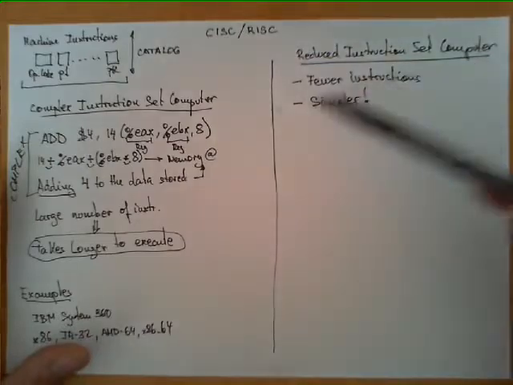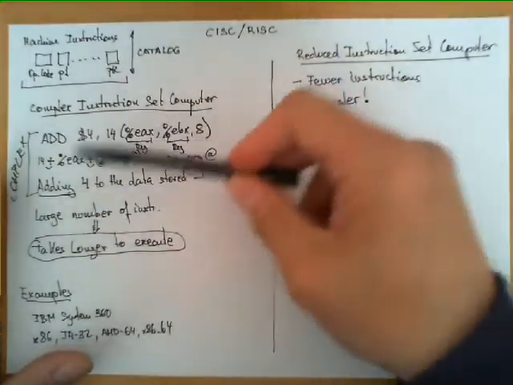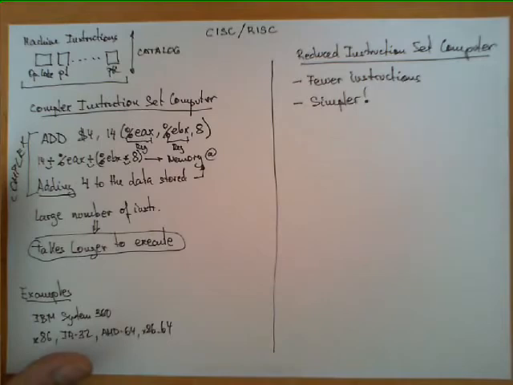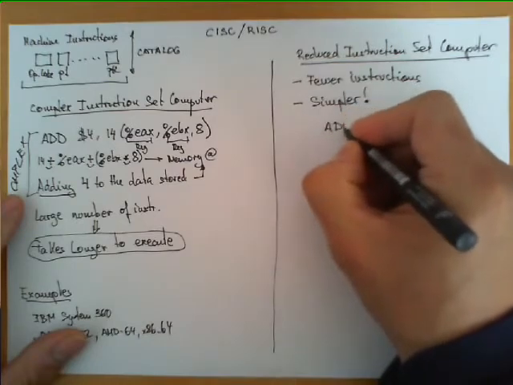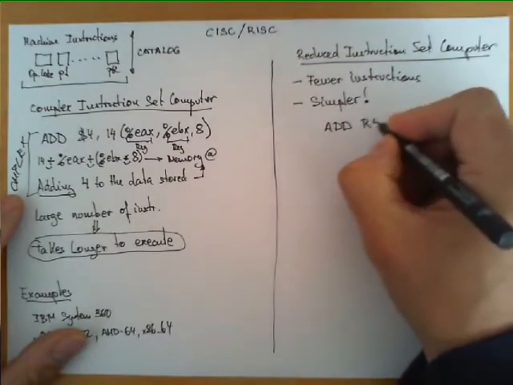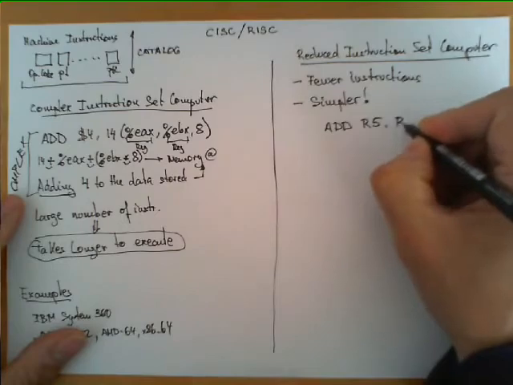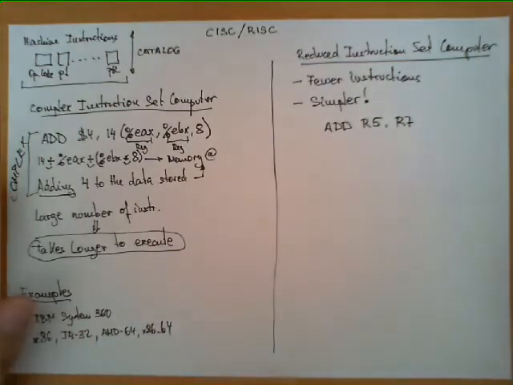So rather than going for a large catalog of complex instructions, the reduced instruction set computers propose using a much reduced set of instructions, and therefore each one of them performs much simpler operations. Now let me give you an example of the type of operations that would be carried out by a RISC computer. This would be an example.